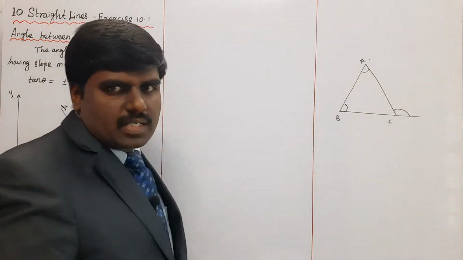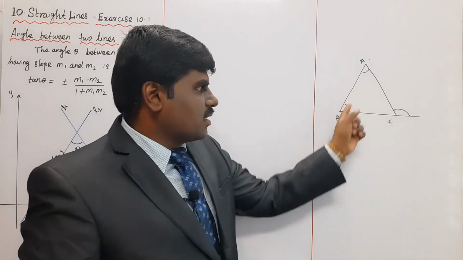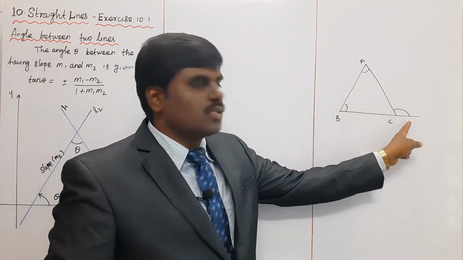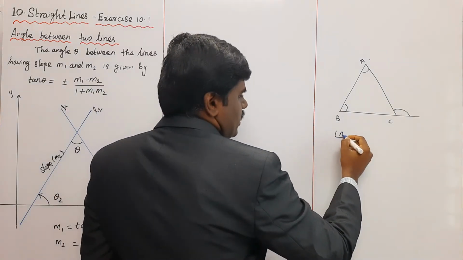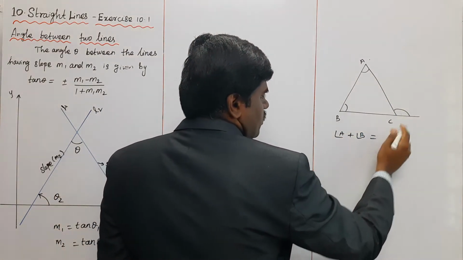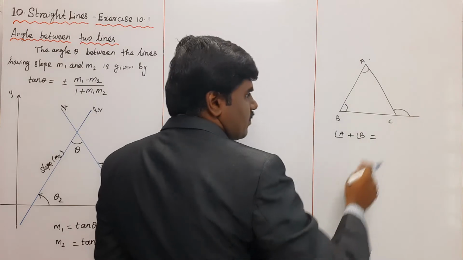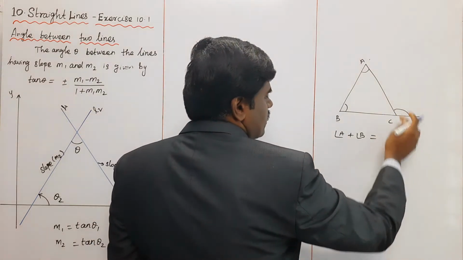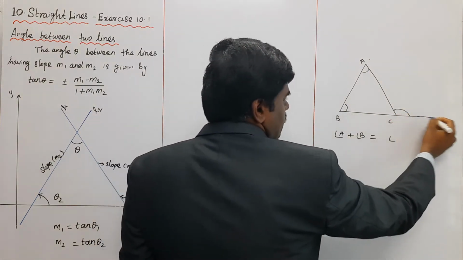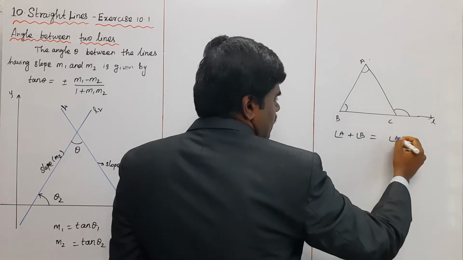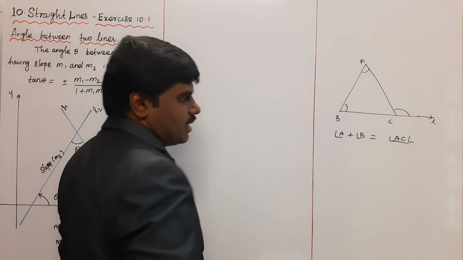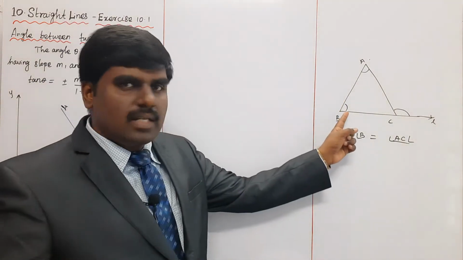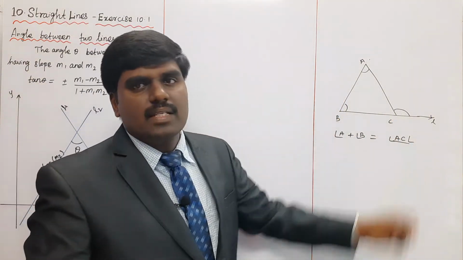You know the definition: the sum of the two interior opposite angles is equal to the exterior angle. That means angle A plus angle B is equal to the exterior angle, angle ACP, for example, with line L. The sum of the two interior opposite angles equals the exterior angle.